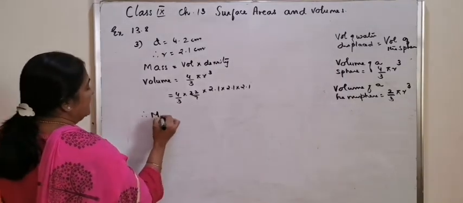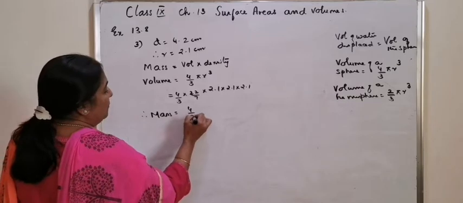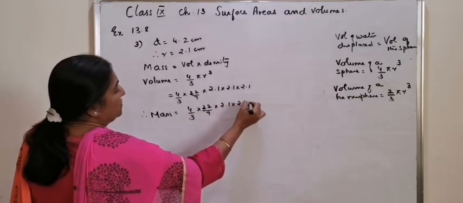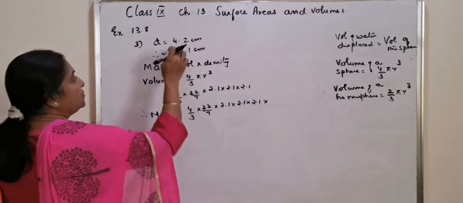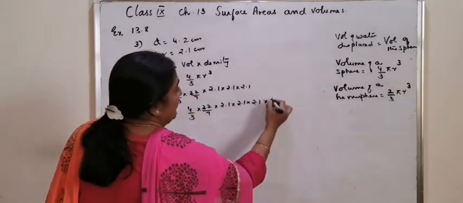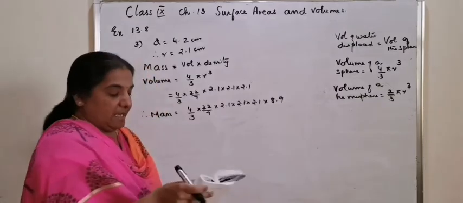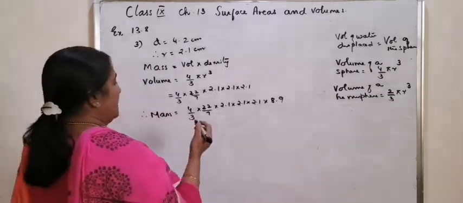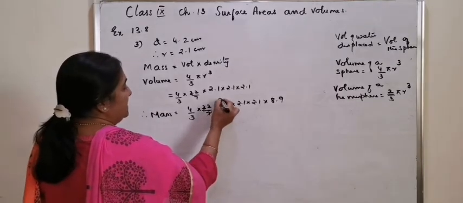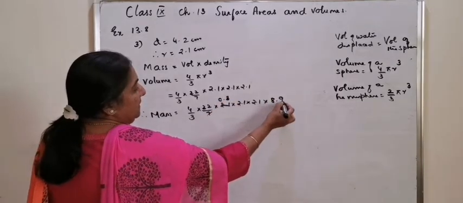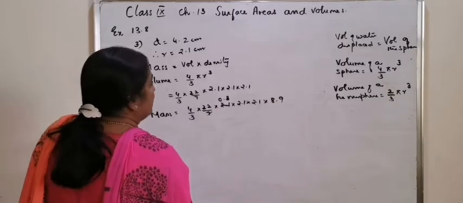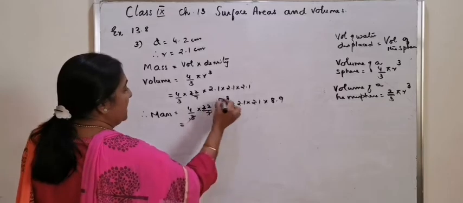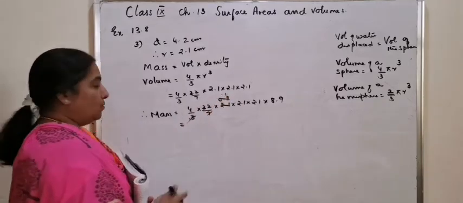Therefore, mass is equal to 4 by 3 into 22 by 7, 2.1 into 2.1 into 2.1 into the density, which is given as 8.9 gram per centimeter cube. So now 7, it is 0.3. So the multiplication and division as 3 and 0.3 is 0.1.